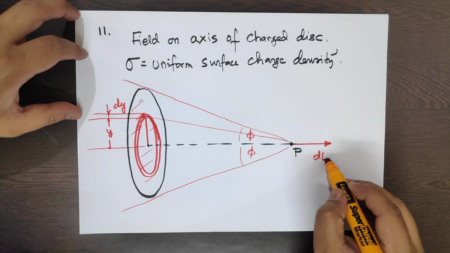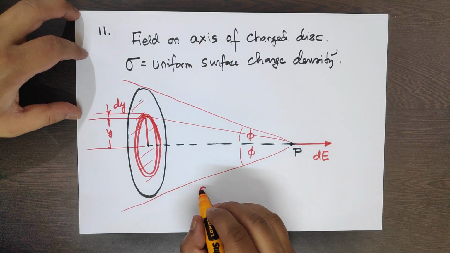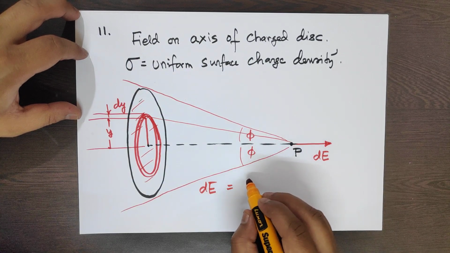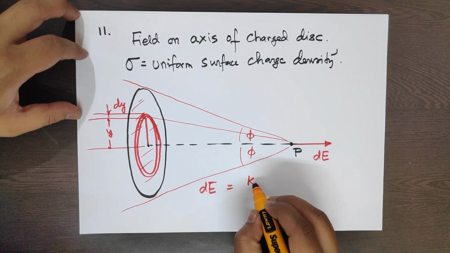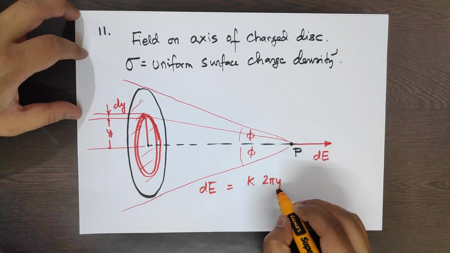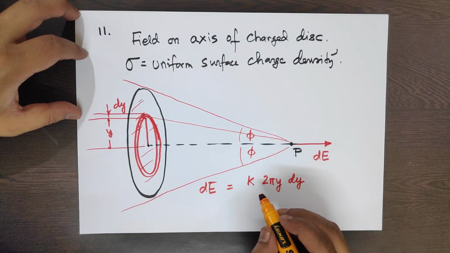Now the field due to a ring is how much? K Q, where Q is 2 pi y, the circumference, multiplied by dy.